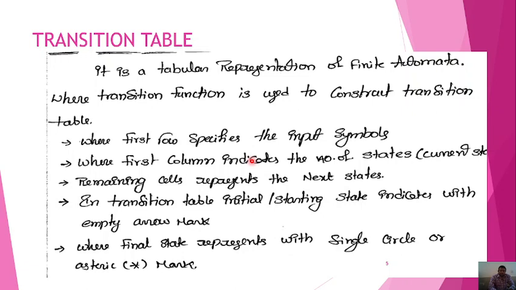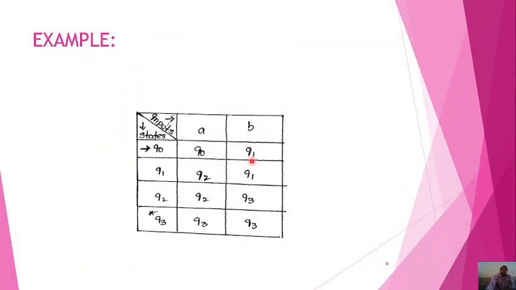The first column lists all the states used in that particular finite automata. One more important thing is that the initial state is represented with an arrow mark and the final state is represented with an asterisk. This is the basic representation of the transition table for finite automata.